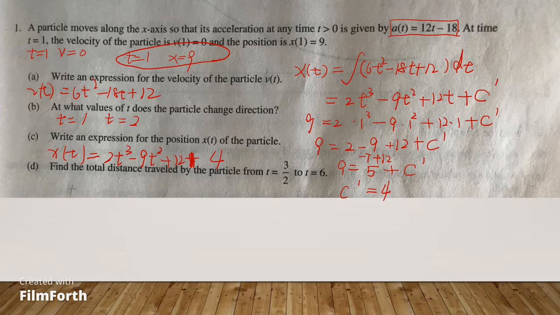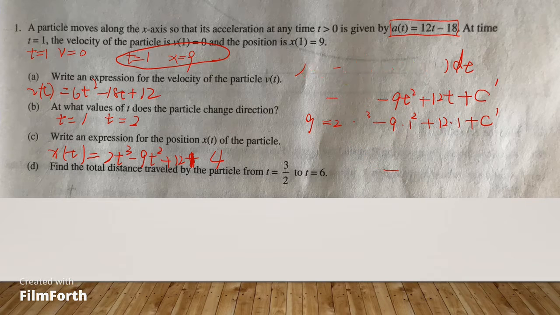Question D. Find the total distance traveled by the particle from t equals 3/2 to t equals 6.